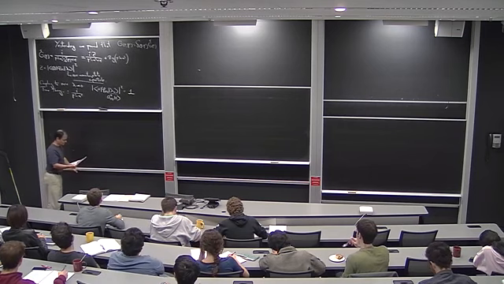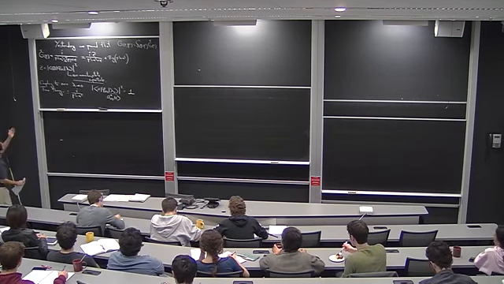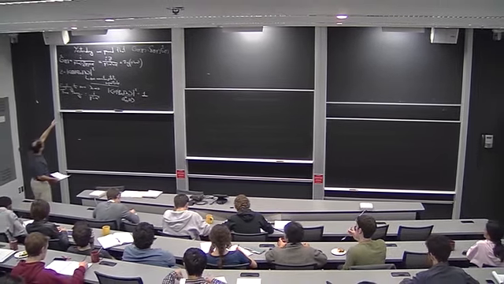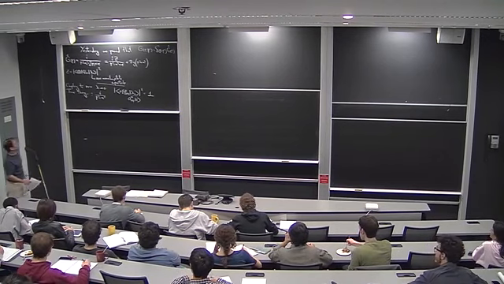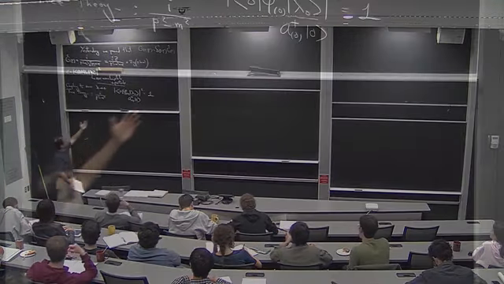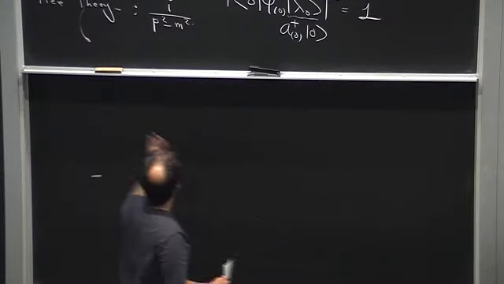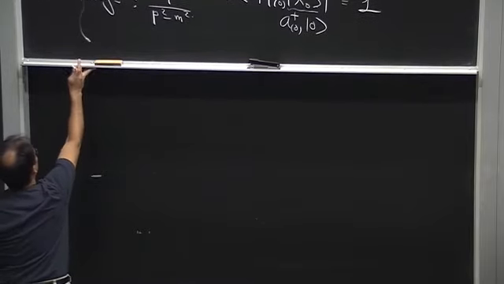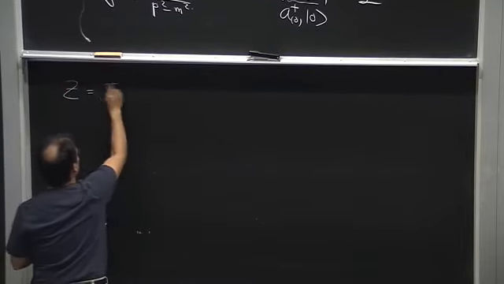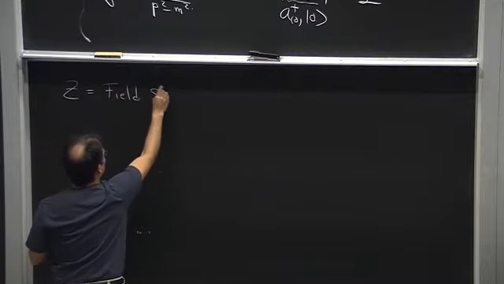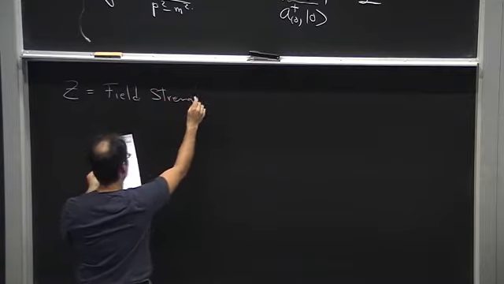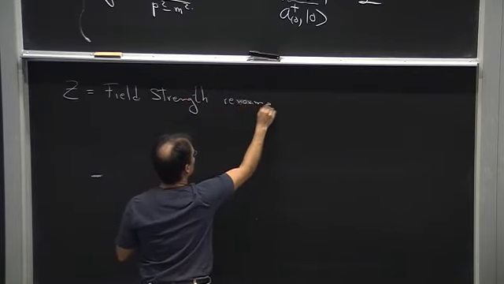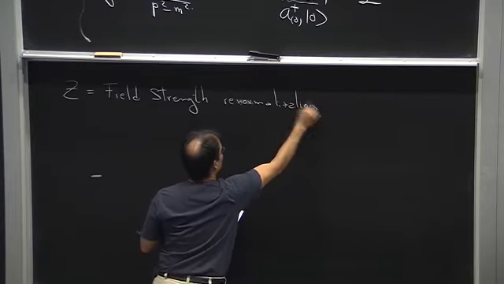People give a name to that. I think we said it yesterday. The physical interpretation is that it's the amplitude for the field phi to produce a state of 0 momentum from the vacuum. In the free theory, that is exactly 1. In this case, it doesn't have to be. But this Z is called field strength renormalization.